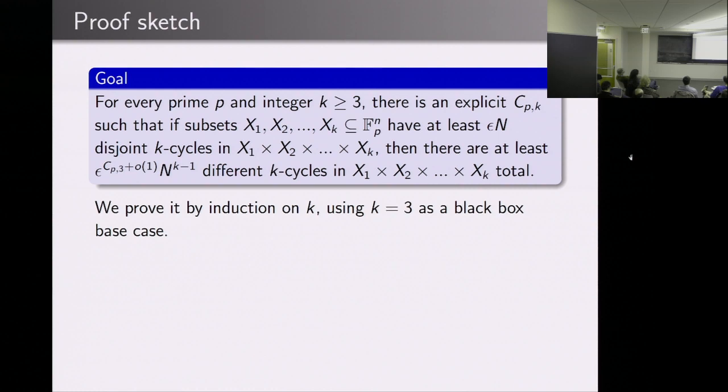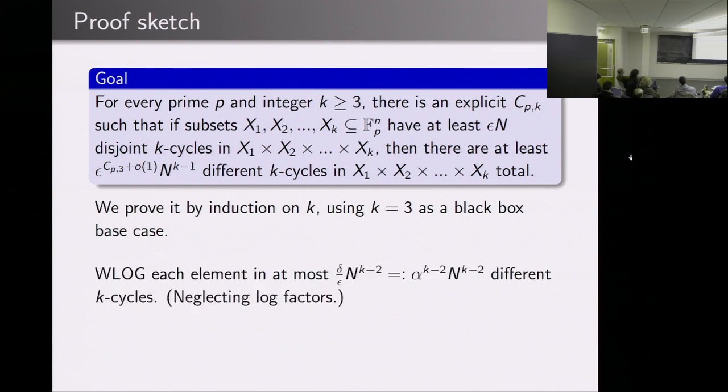The proof that we found works by induction on k, and it uses k equals 3 as a black box base case. The k equals 3 case used the multicolored sum free problem as a black box, and here we use the entire k equals 3 case as a black box base case. So let k be larger than 3.